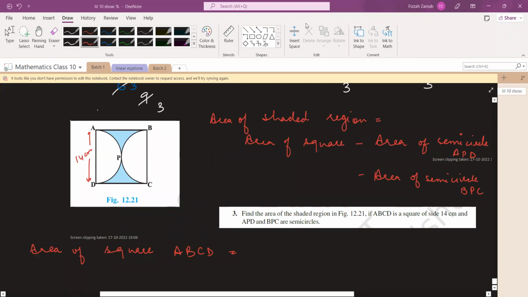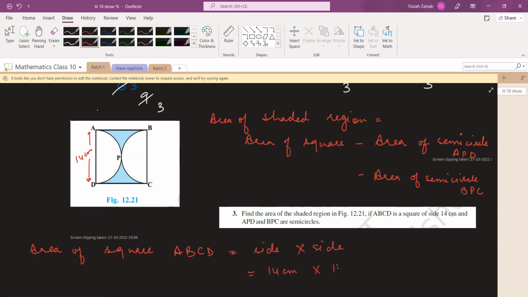Side into side. Okay. So this is side into side. Now side is given, which is 14 centimeter multiplied by 14 centimeter. 14 into 14 is 196, right? We have done in the previous question also. 196 centimeter square.